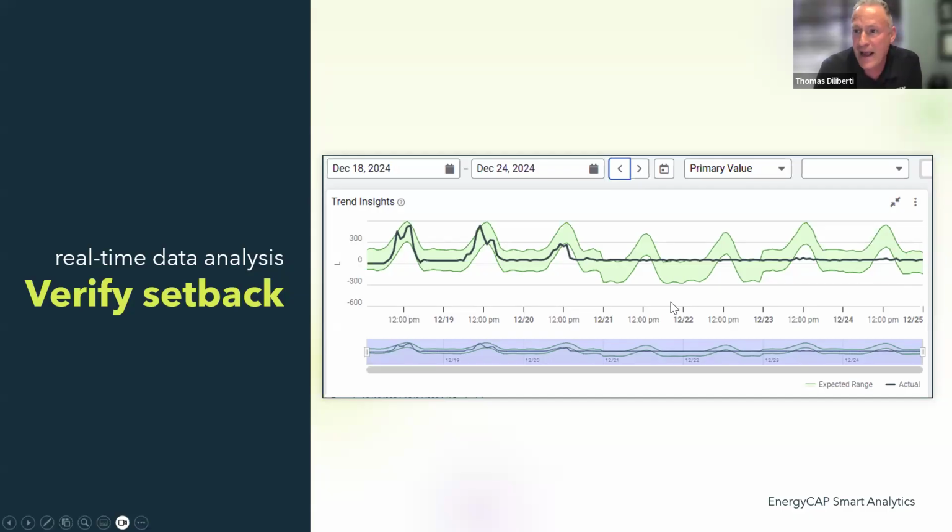They wanted to set things back over the holiday period of time. So as we were building towards the Christmas holiday, the usage was very normal. It was staying right within the green. And now the buildings were set back over a period of time, and the black line flattens out. What this affords you the ability to do is do the comparison between what was expected and what happened to quantify how much money could be saved by setting the buildings back. Another very valuable tool for this real-time data.